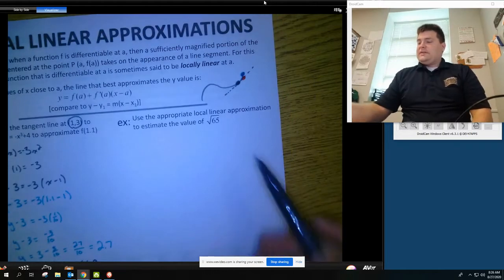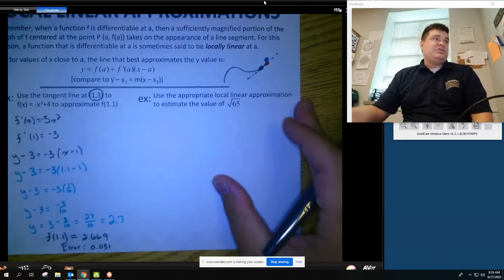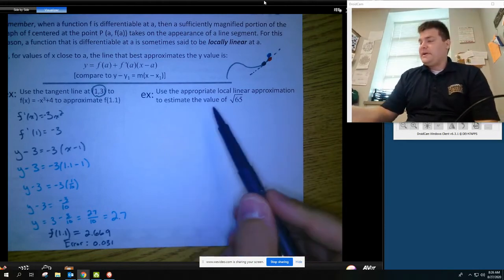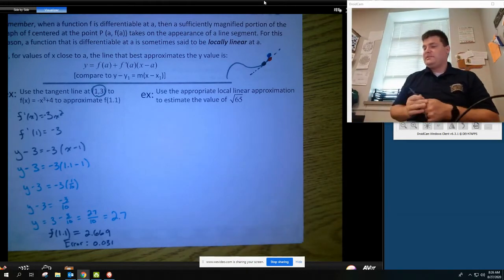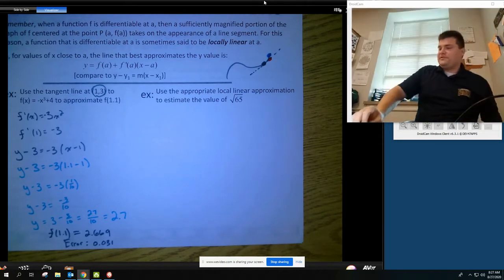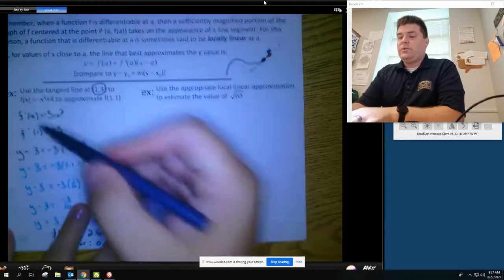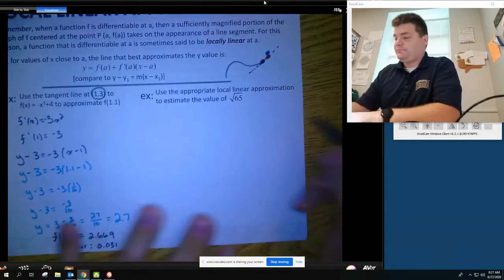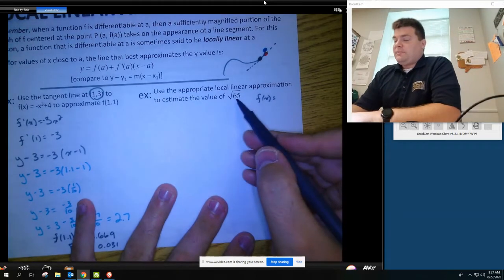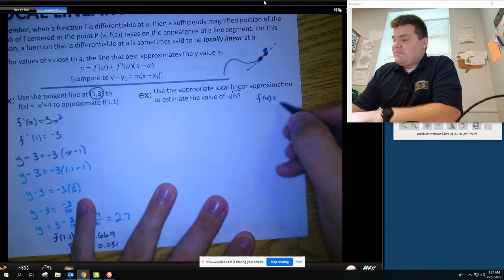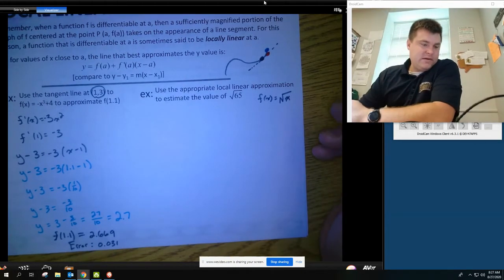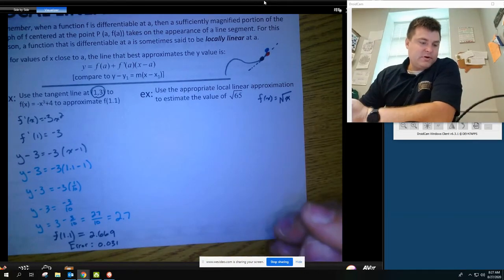Now we're looking at an example where they don't give us quite as much information, so we're going to have to figure it out. So let's go ahead and use the appropriate local linear approximation to estimate the value of root 65. So the first thing we must do in this case is, well, we were given an f of x over here. We need to find f of x over here. So pretty much what we're going to do is get rid of the number, and that's going to be your function. So this is going to be the square root of x. Now, we're going to be careful about this.